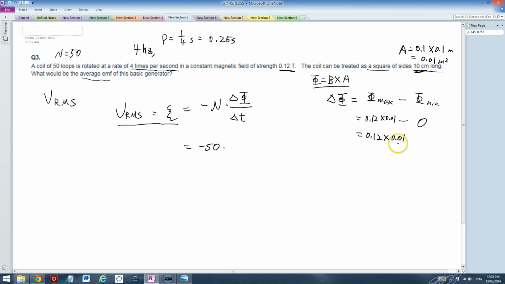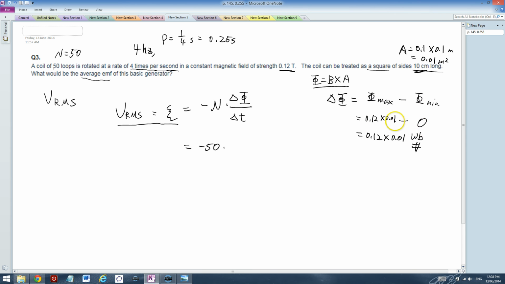And this is the maximum change in magnetic flux. So in an AC alternator, when they ask you to find the RMS value, you always use the maximum change in magnetic flux, which is the maximum take away the minimum, the maximum take away 0.